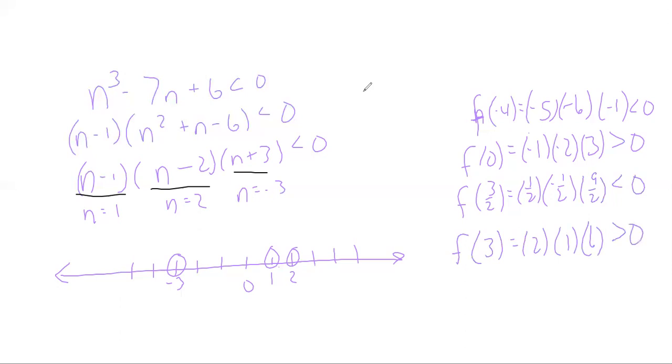Well, where do I want this thing? I want it wherever it is less than 0. So all the way out to the left is less than 0. So it's going that way. Am I done? No. I have to look at all three. Less than in between these two.